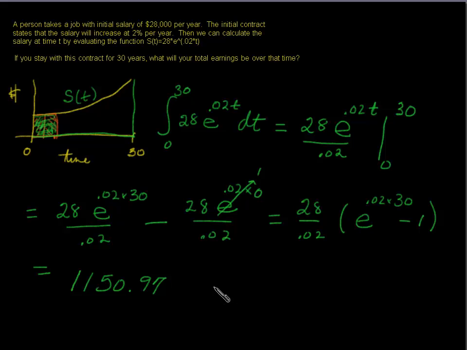Remember, that's in thousands, and so in dollars this would be $1,150,970. That sounds like a lot, but in fact it's not very much for a lifetime's earning. All right, we'll return in the subsequent video. Thank you.